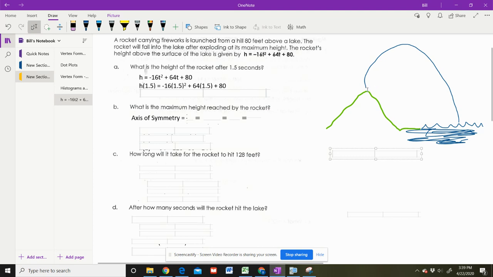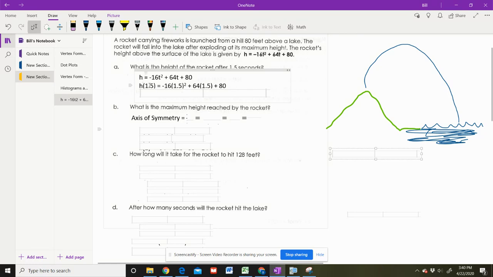So it's taking off from that height. T is going to be the time that the rocket is in the air. So at t equals 0, it's sitting there at 80 feet above the lake. At t equals 1, it's going to start going up higher and higher. So what we're going to do is plug in our seconds for t, and that'll tell us what the height is at those seconds.